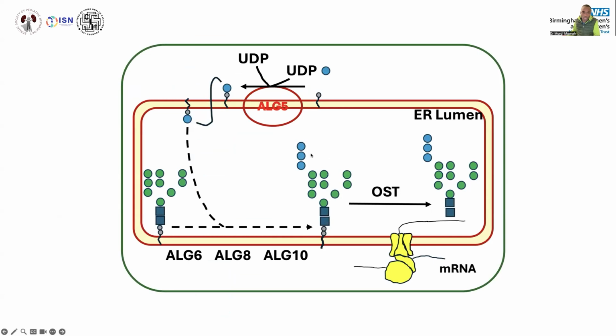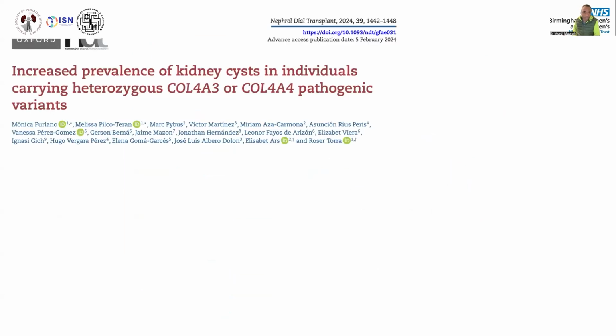And we also saw the role of ALG5, which is a gene which plays a role also in the glycosylation in the endoplasmic reticulum.